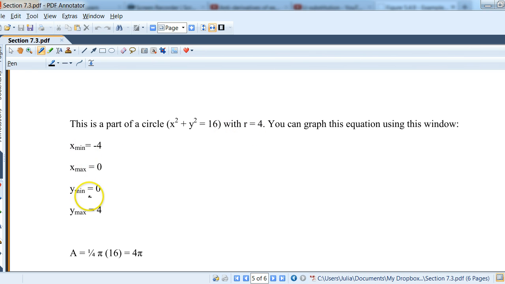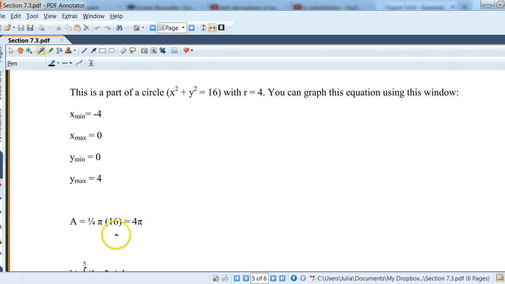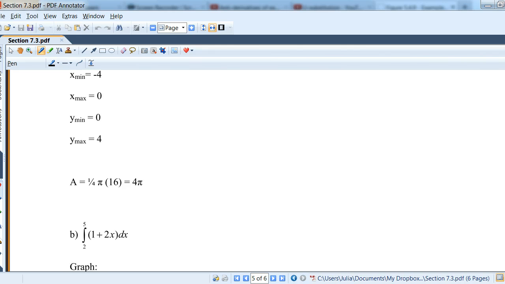So this is the window I used. You can actually use the x min and x max as the endpoints of the integral. The y min and max, I just played with them and noticed that it was 4, so I changed it, but you can always change that. So a quarter of a circle is 1/4 times pi times 4 squared, which is 16. So 4 pi is the answer.